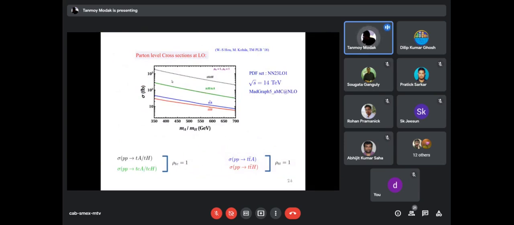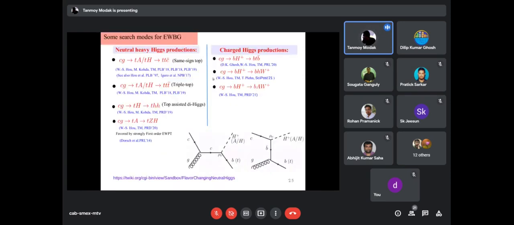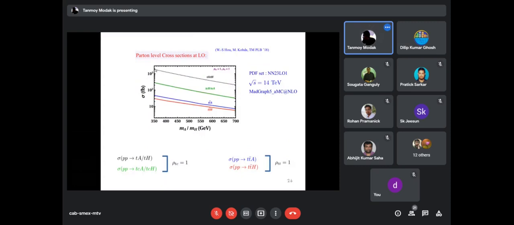If you look at the tA and tH production in this Feynman diagram, it can reach up to picobarn level. Then the branching ratio of A and H to t tbar or top-charm is roughly 50% or so. So you can see the cross-section at particle level is quite large. And since the background cross-sections are pretty much controllable because of the final state topology, one can actually have a discovery at the LHC.